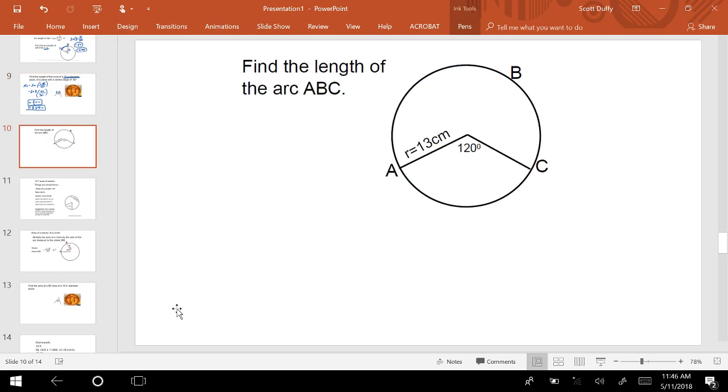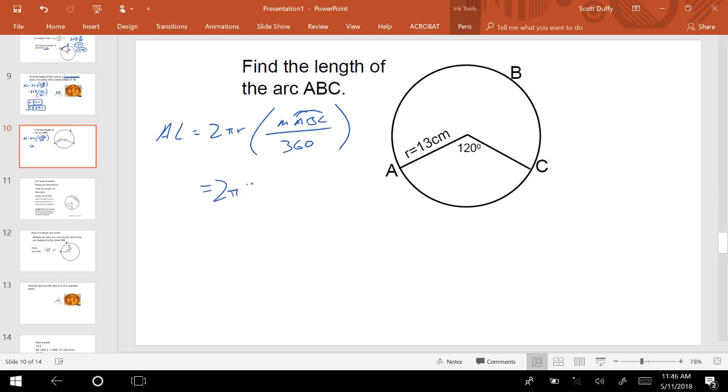Find the length of the arc ABC. So arc length equals 2 pi r times the measure of the arc, in this case ABC, over 360. 2 times pi times the radius.